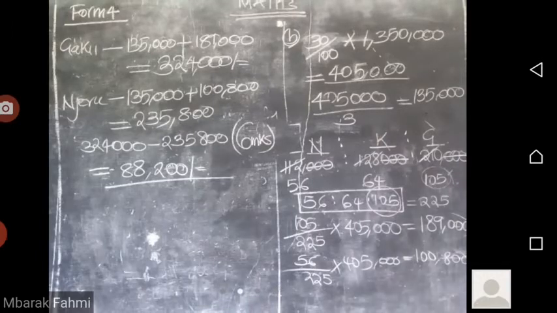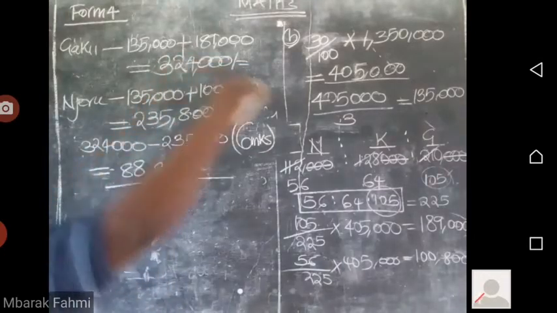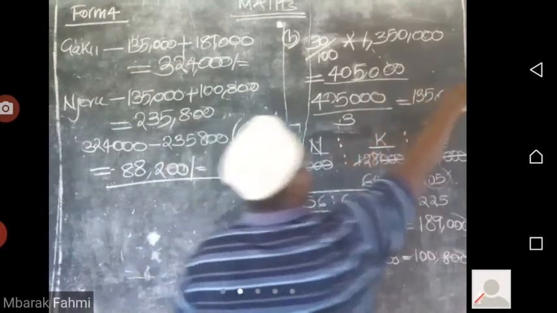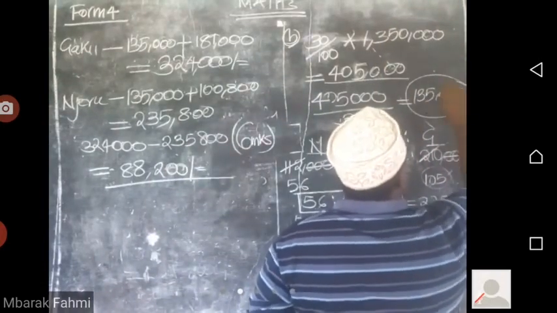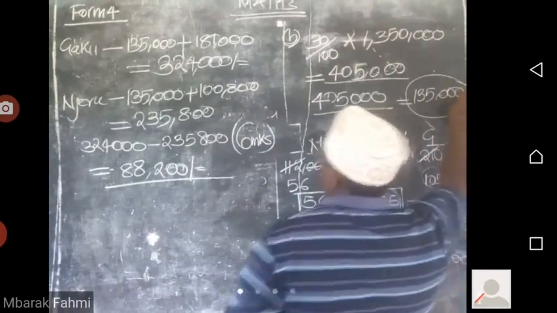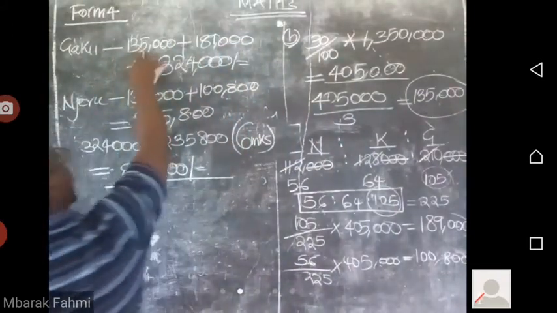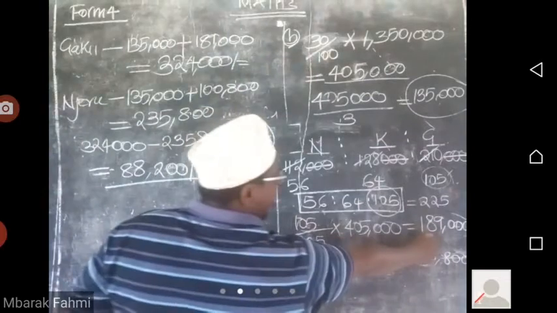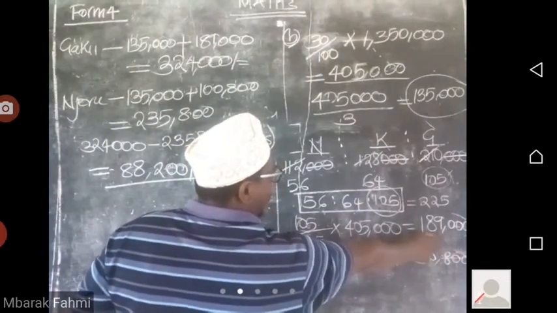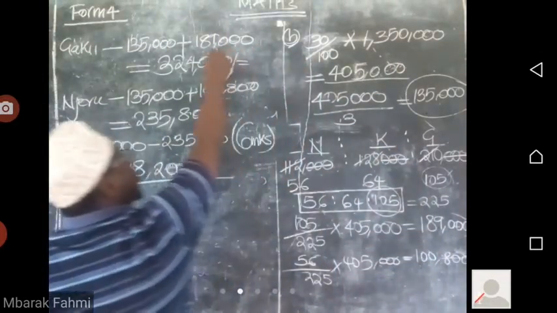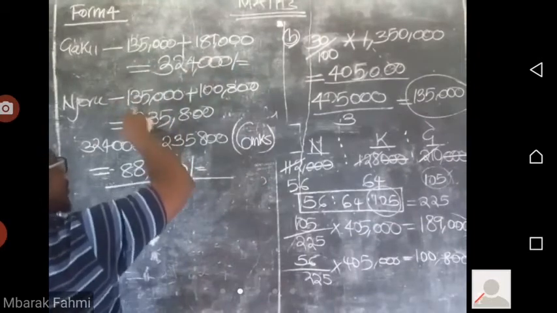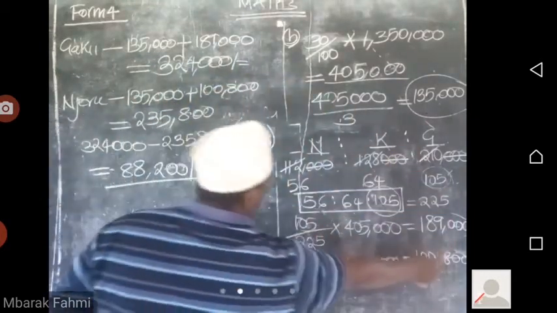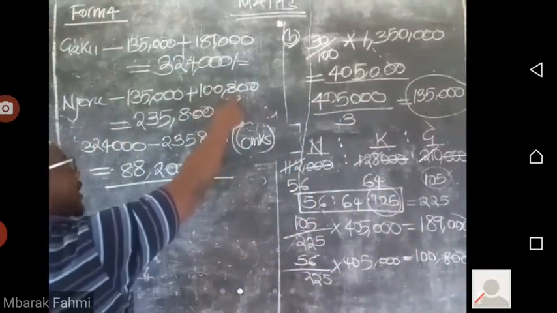So from there, we calculated the ratio amount plus the amount they received equally, which was 135,000 each. So for Gaki it will be 135,000 plus 189,000, the amount for the ratio of her contribution, and for Jero 135,000 plus 100,800.